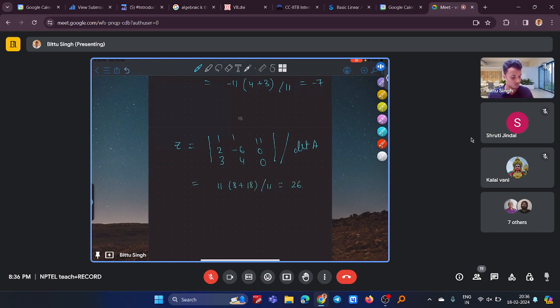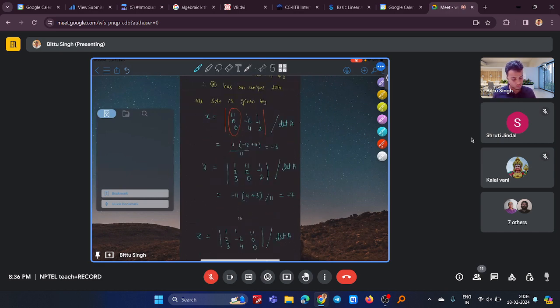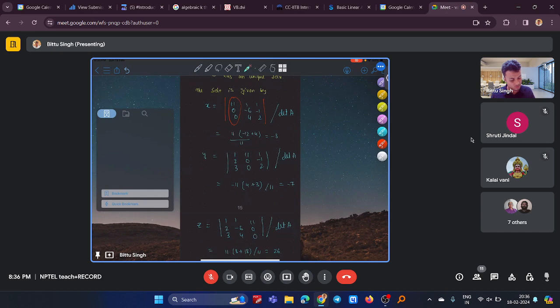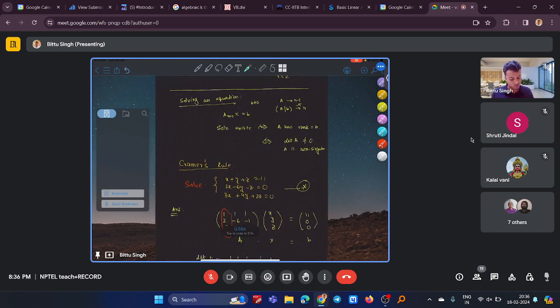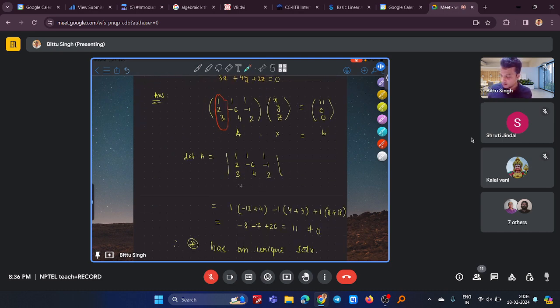It is 26. Therefore, the solution is x equal to minus 8, y is minus 7, z is 26. If you put those values here, those equations will be satisfied. So this is the new thing.